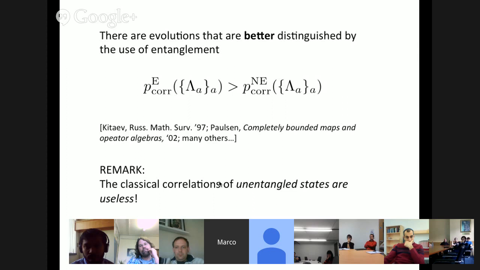So notice that here we are using entanglement to improve our probability of success, and it's easy to see that classical correlations associated with unentangled states are useless. They cannot boost this probability. It's only with entanglement that we can achieve something better.